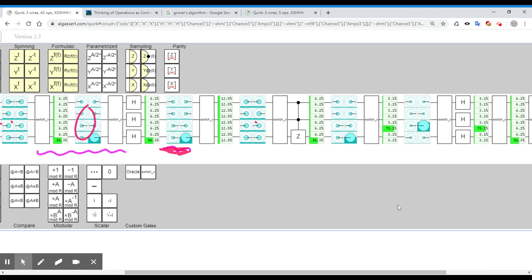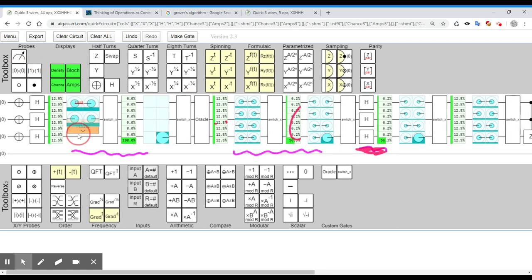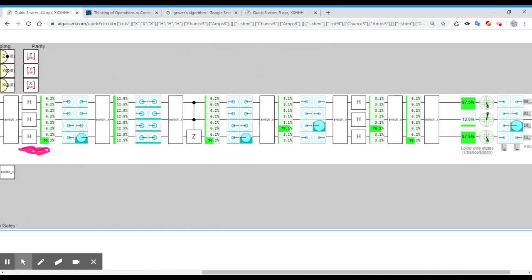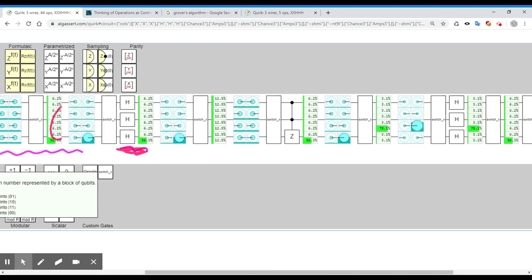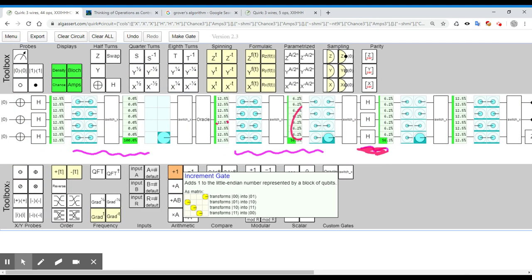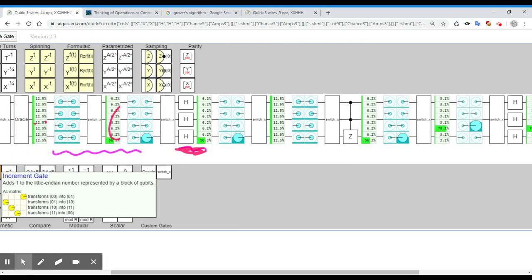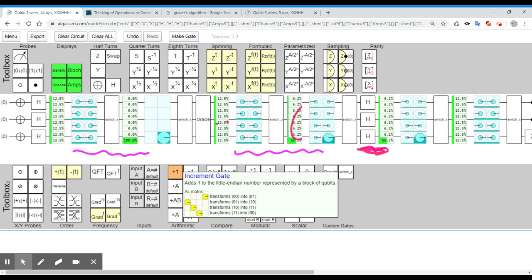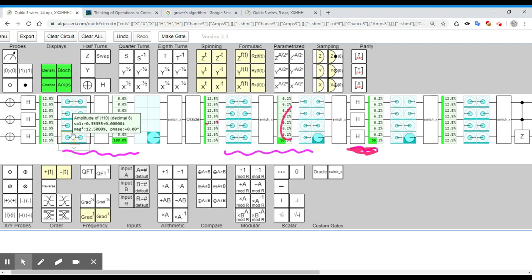What is this similar to? They're like opposite. They're like opposite to these. I don't know.